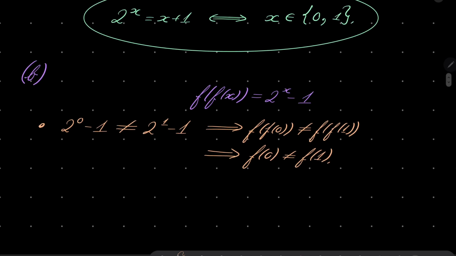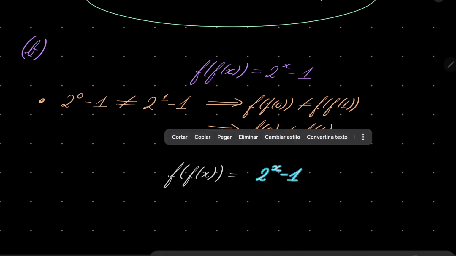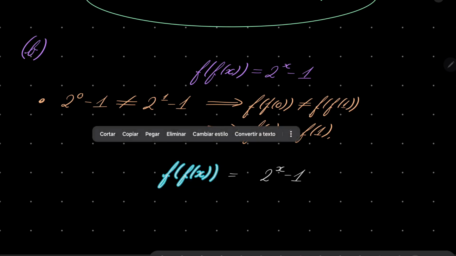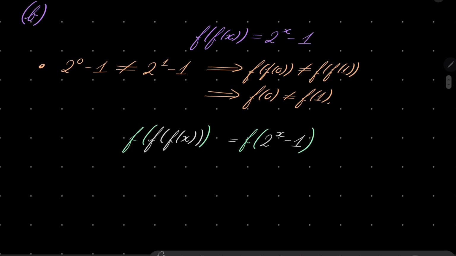Right. And now I will take my equation once again, and I will write it in this way. First, remember that this holds for every real number x. So I can take f on both sides. This is one way of looking at it. But also, notice that I can do the following.